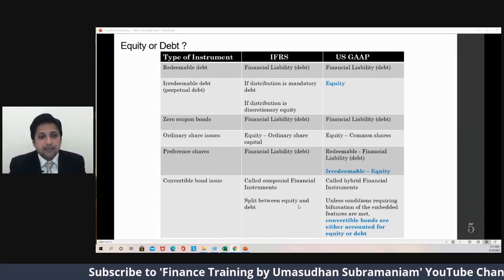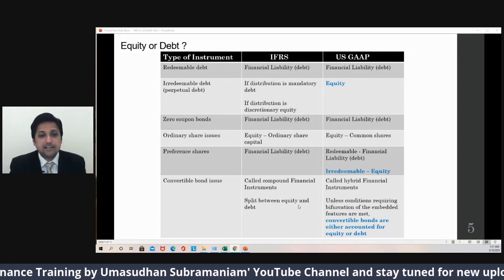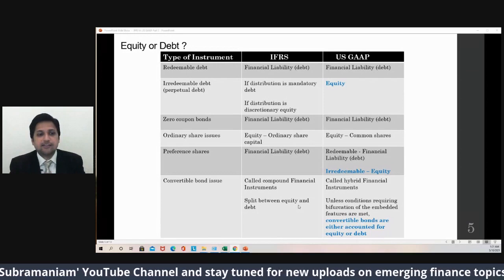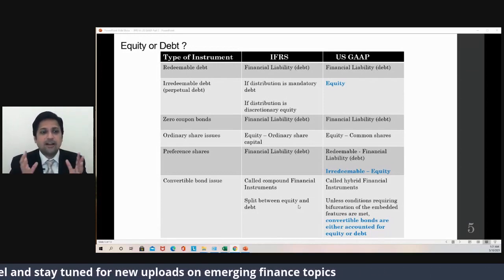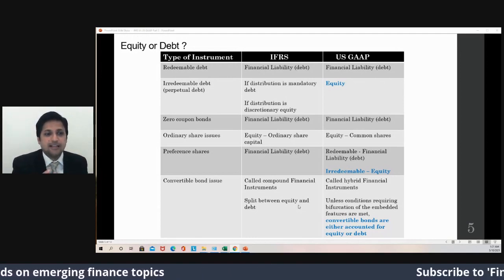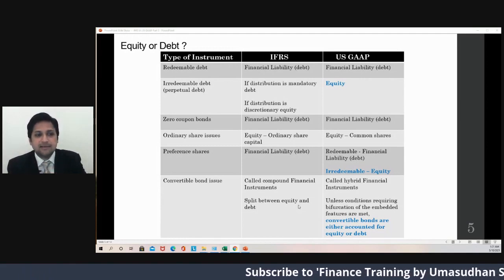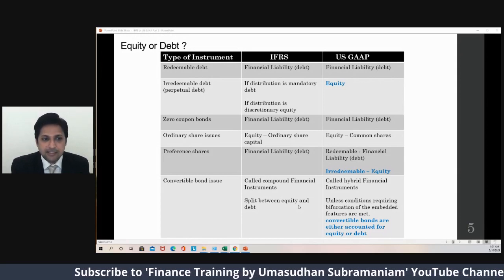And in IFRS, these types of financial instruments are called compound financial instruments, which have the characteristics of both equity and debt. So what IFRS says is that you do a computation and split the equity component and debt component and present them separately in the balance sheet.